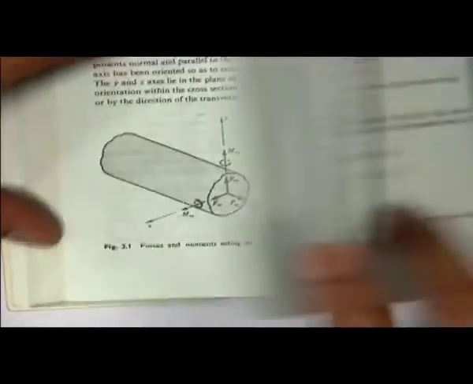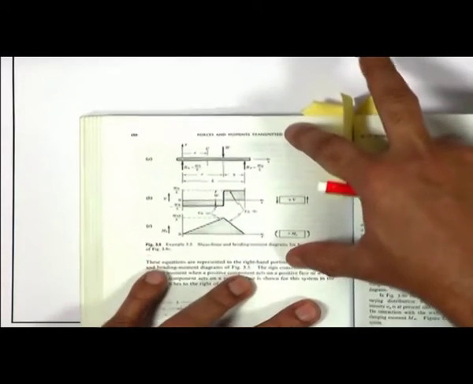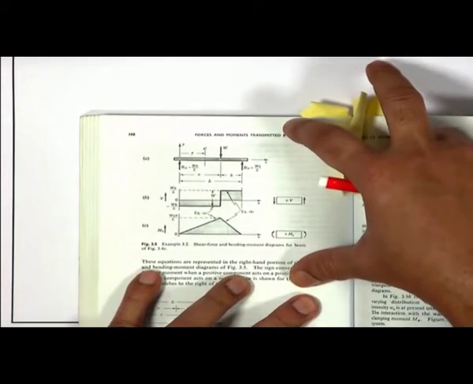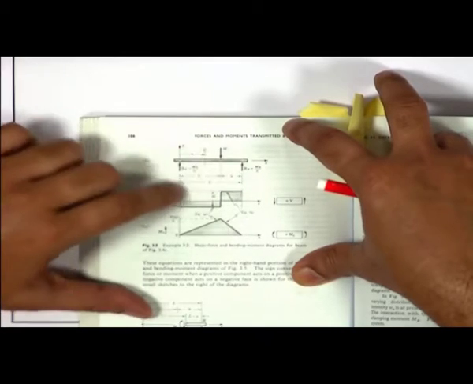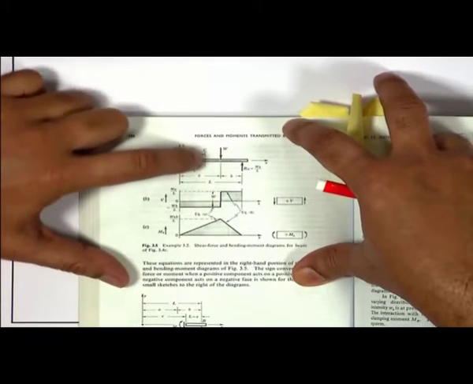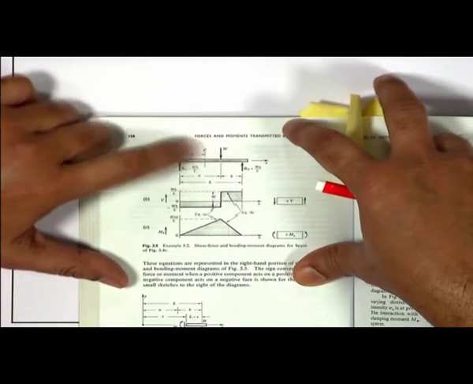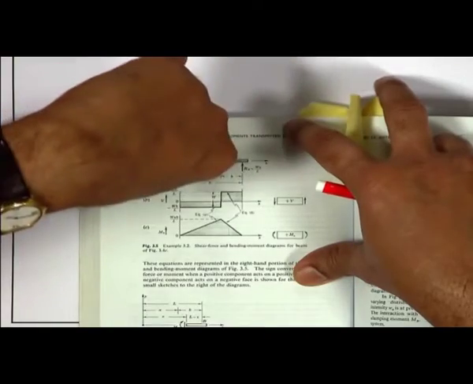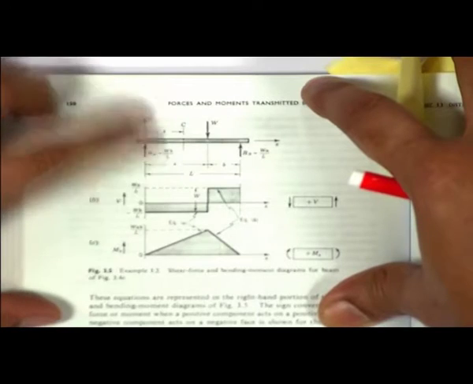Now, coming to the shear force and bending moment diagrams, when you actually draw them, let us see the same book. Actually, we can focus here. You are familiar with the shear force and bending moment diagram. You see that this force is creating a reaction here and here. If I consider a section at a certain distance, this reaction will create a moment about the axis perpendicular to the plane of the paper, and also it will try to shear off.